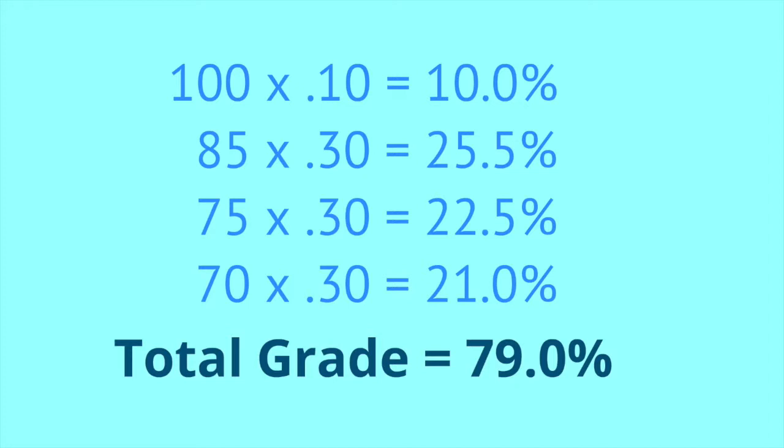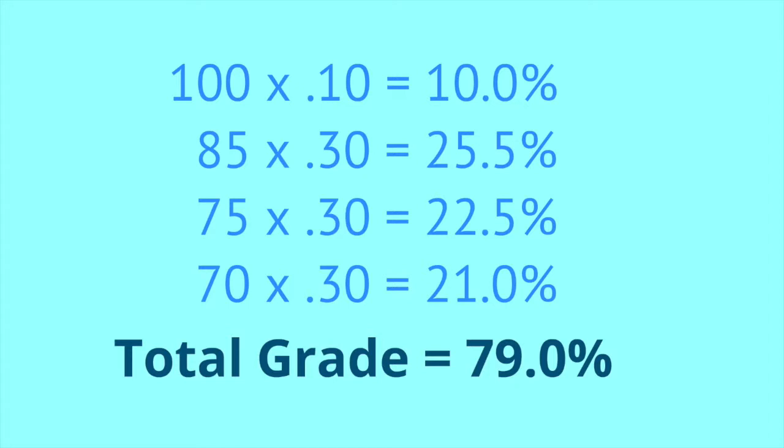Well, when we multiply by a percentage, we have to remember to move the decimal point. So for your attendance, you were there for everything, so you have 100% attendance, but it's 10% of your grade. So we have to move that 10% decimal point 2 places to the left and multiply it by 100.